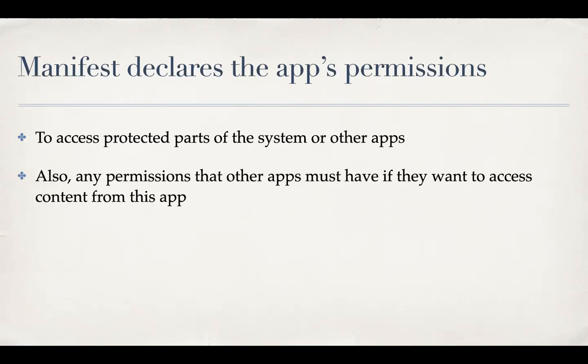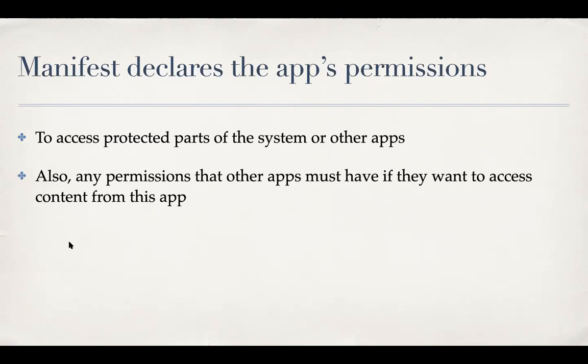So the question is, how does Android allow certain actions and restrict certain other actions? And the mechanism is using permissions. Certain protected parts of the system or other apps are masked by permissions. So your app must declare if it is going to use any of these restricted permissions, for example, network access, sending SMS, and so on.